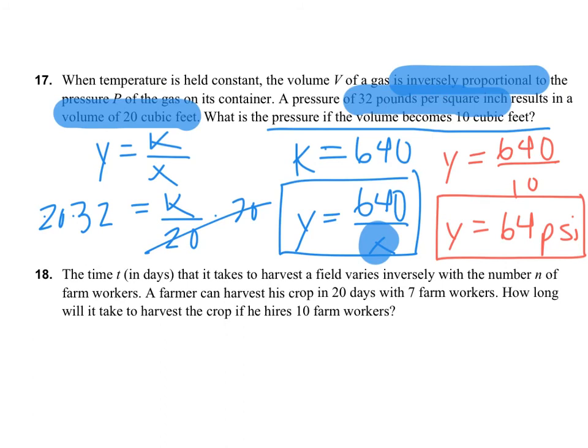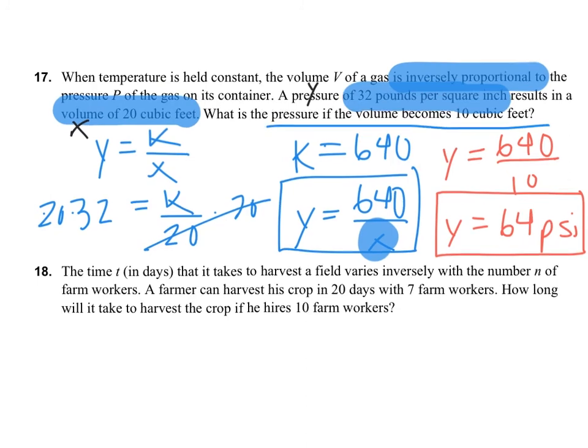It might help to put labels on them, so we put pressure as y and volume as x, so you know which one is which. And once you find your constant, which was 640, then we use it to solve the problem, which is what is the pressure when the volume is 10 cubic feet. It gives us the volume is 10 cubic feet, volume was x, so we put 10 in for x and solved. Let's try one more.